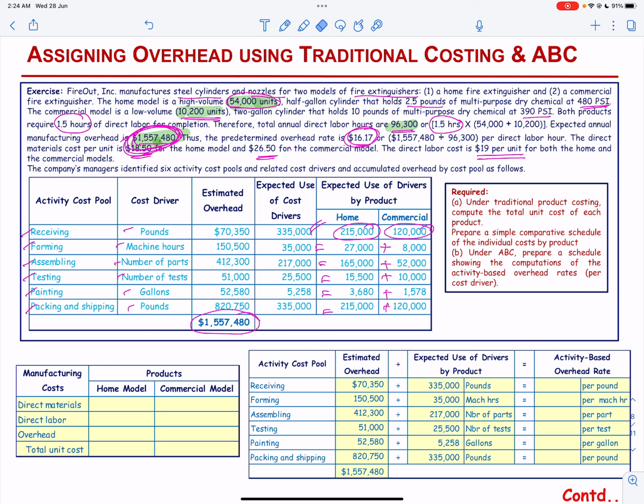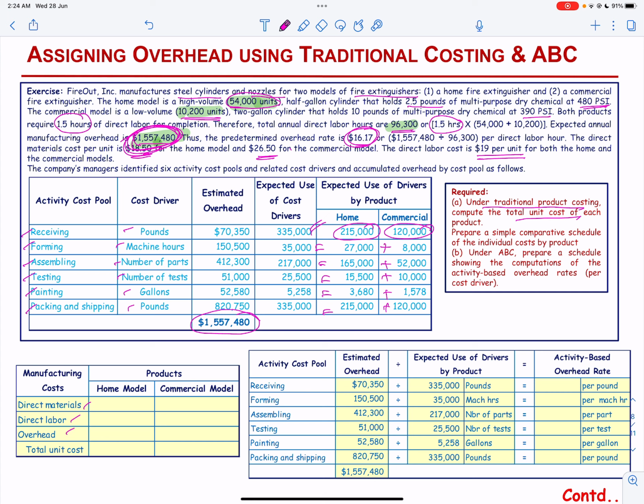Now, what we are required is, under traditional product costing, compute the total unit cost of each product. So to compute the total unit cost of each product, we have the direct material, direct labor, and the overhead.